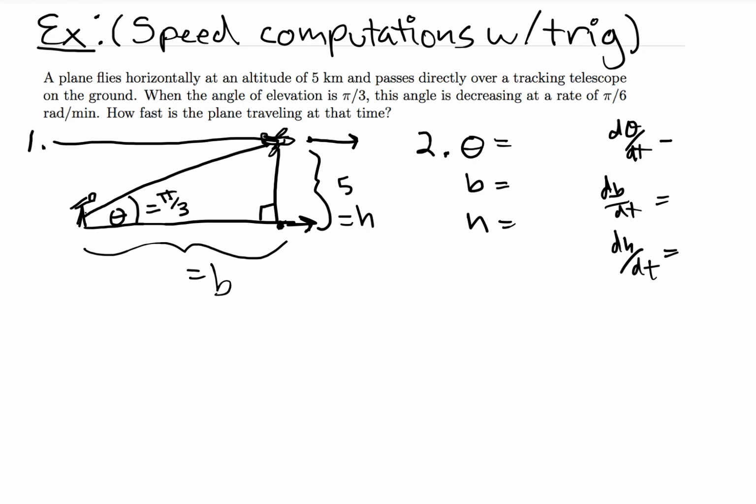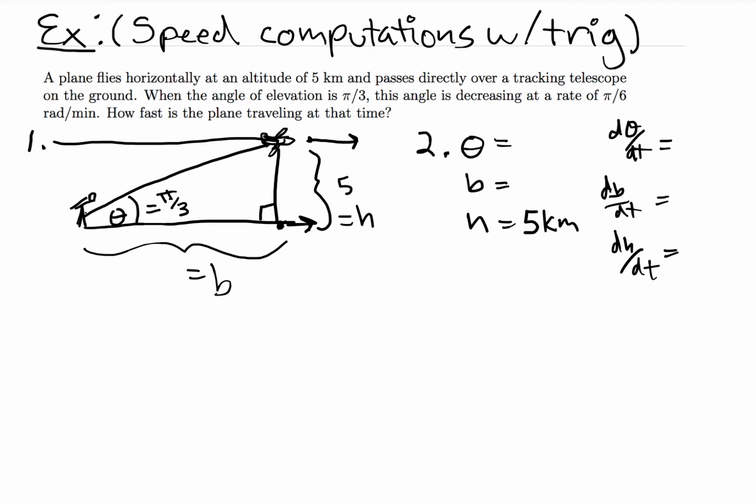So let's put all of those down. What numerical information am I given in this question? We fly horizontally at an altitude of 5 kilometers. Altitude is really telling you height here, so we're going to fill in that 5.